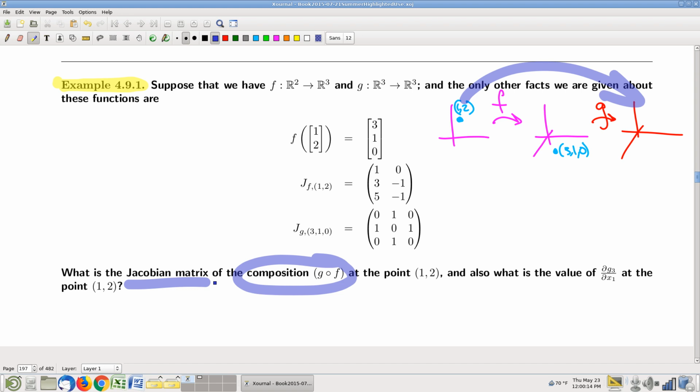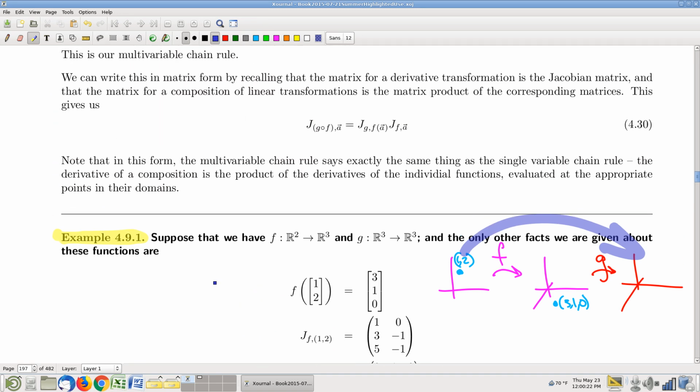Well, f is first, g is second. Careful, it's real easy to get this backwards. f, being first in that composition, is also first in the product, which means on the right, not on the left. So easy to get that backwards.